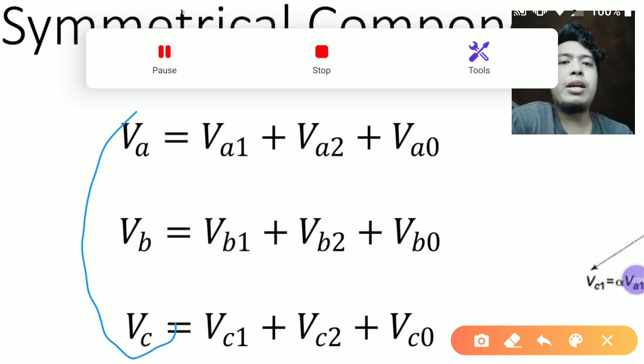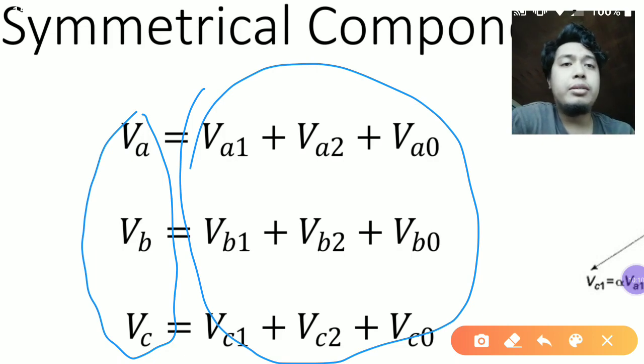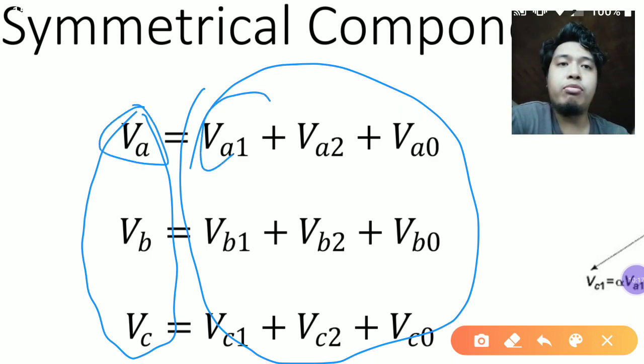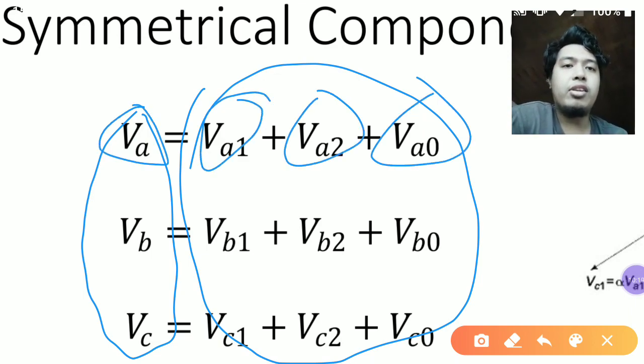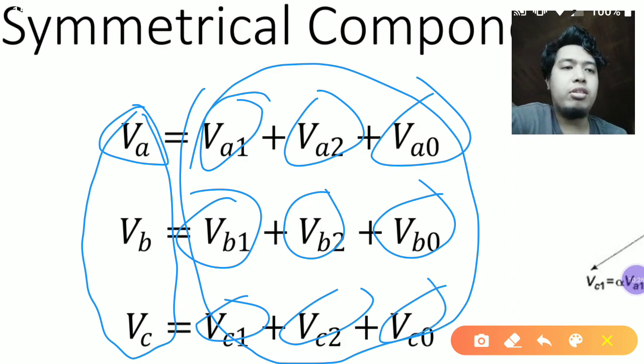You have this unbalanced set of vectors. It's basically the sum of your balanced networks. So VA is just the sum of positive, negative, and 0. VB is the sum of positive, negative, and 0. VC, positive, negative, and 0 of C.